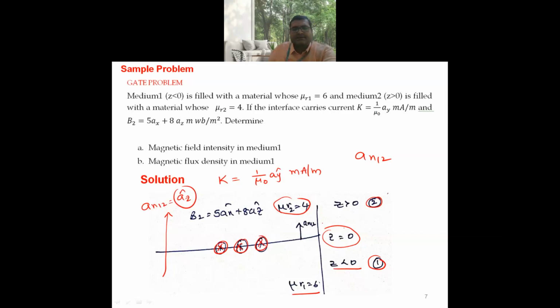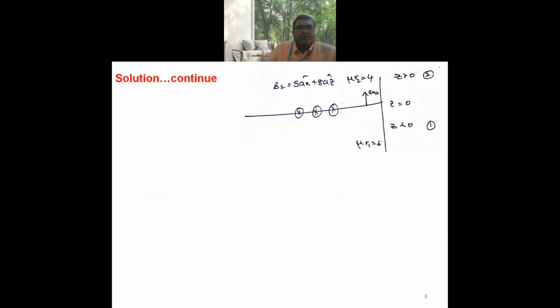Now let us proceed with the next slide. K is equal to 1 by mu naught ay cap milliampere per meter, and AN12 is az cap.